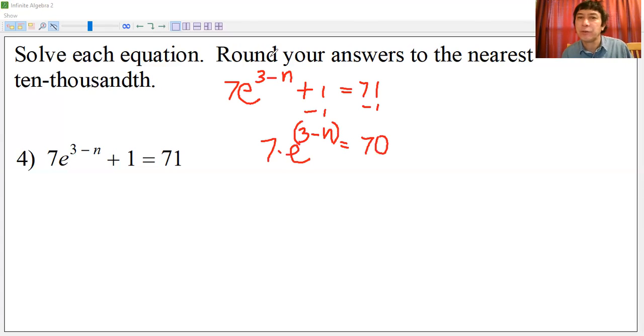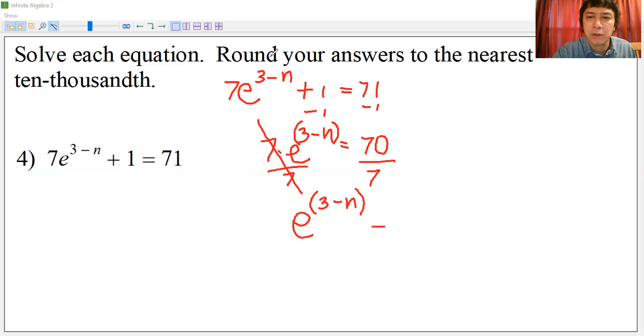Next thing to do is divide by 7 so that this 7 cancels out. And we will just have e raised to the 3 minus n. And 70 divided by 7 is 10. At this point, we shall apply natural logarithm to both sides.